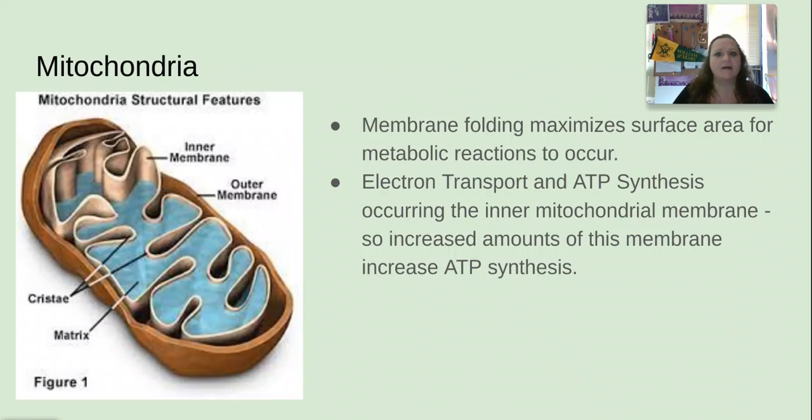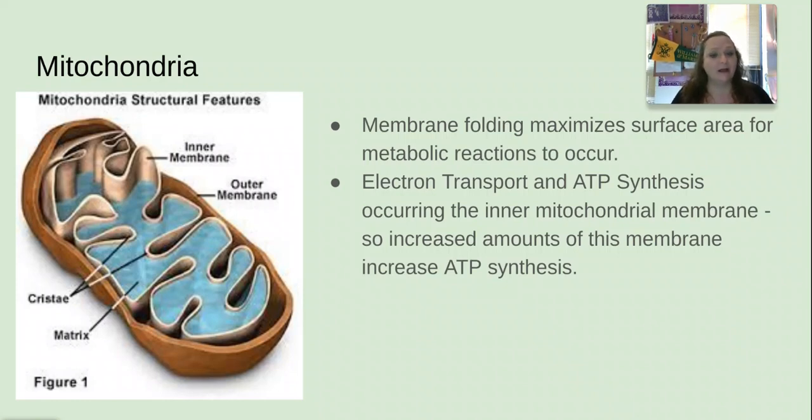Mitochondria have folded inner membranes, and these folded inner membranes called cristae allow for maximized surface area. Now, we've talked about the importance of surface area to volume ratio, and we've talked about how metabolic reactions occur on the surfaces of these membranes. So having many folded membranes actually increases the area for these metabolic reactions to occur.